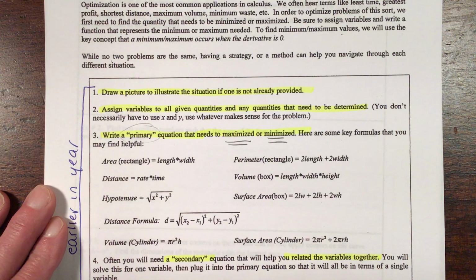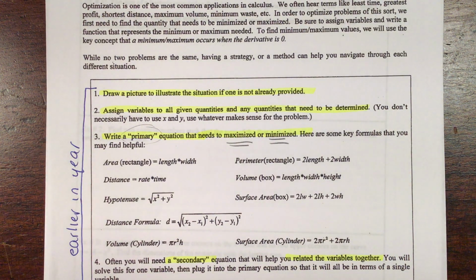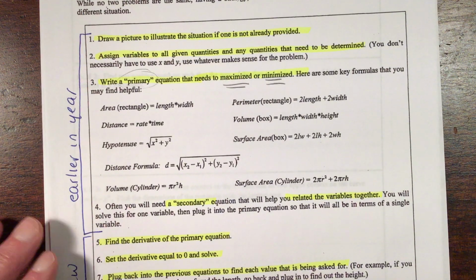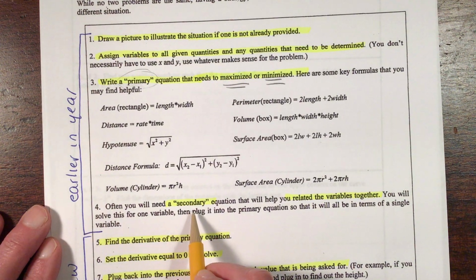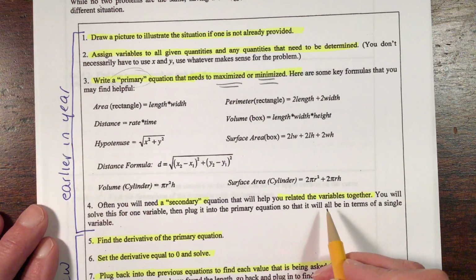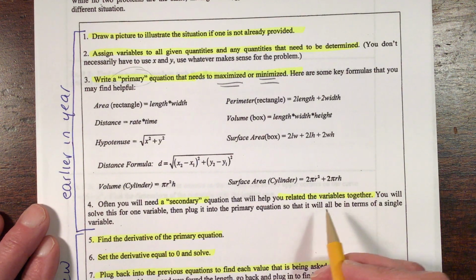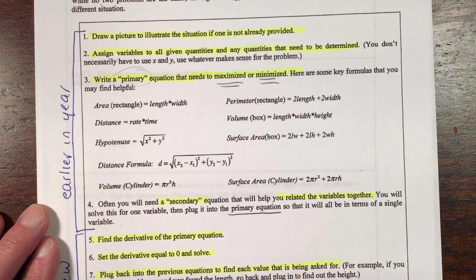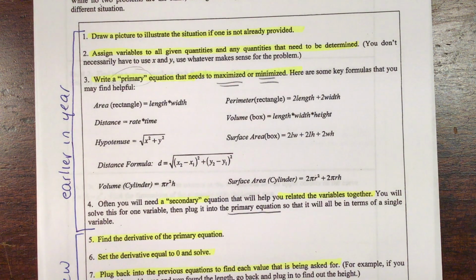I'm not going to go through them all right now because we're just going to use what's specific to the problems we're going to be working with. After that, we find a secondary equation that connects our variables together. And after that, we can write a primary equation in terms of a single variable. And if you remember, we did that in our functions unit earlier in the year.